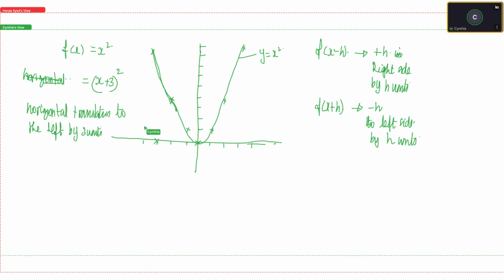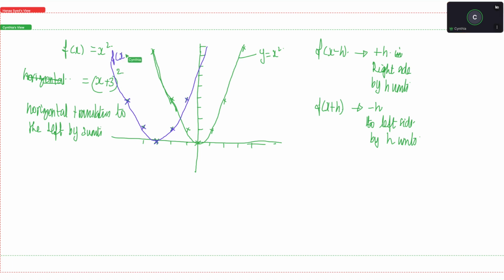This one again, 1, 2, 3. So this is f of x plus 3.